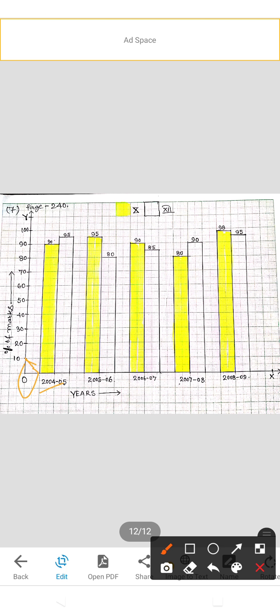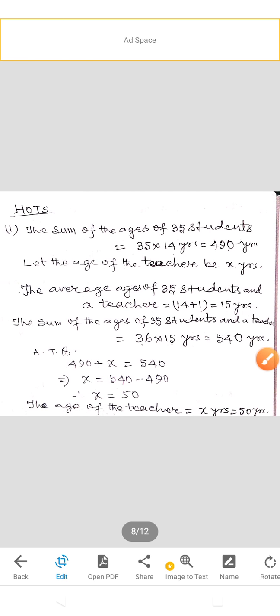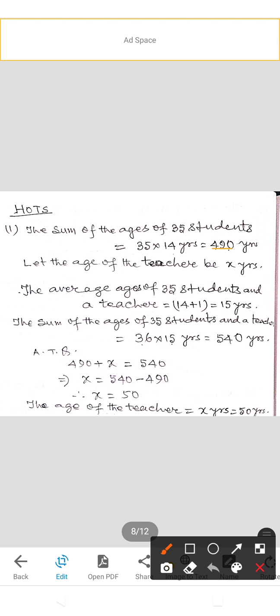Now hot questions. Question number 1: the average age of a class of 35 students is 14 years. If the teacher's age is included, the average age increases by 1 year. Find the age of the teacher. The sum of the ages of 35 students equals 35 multiplied by 14 years, that is 490 years.